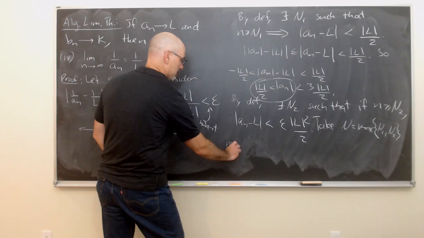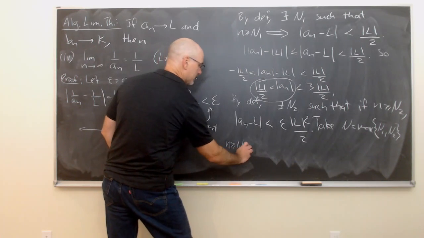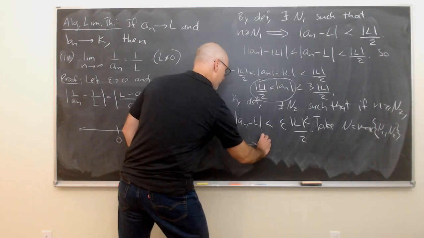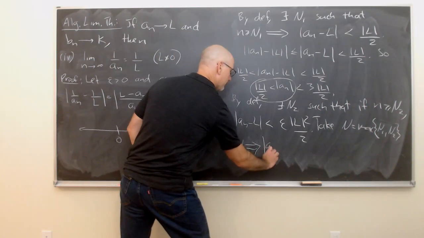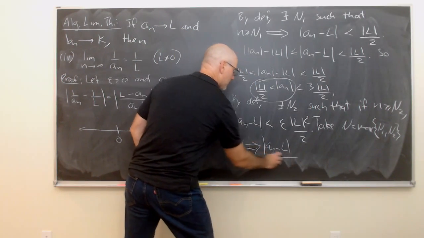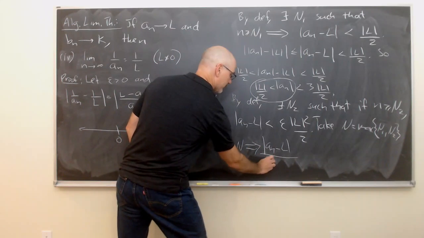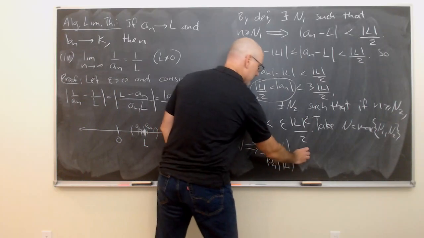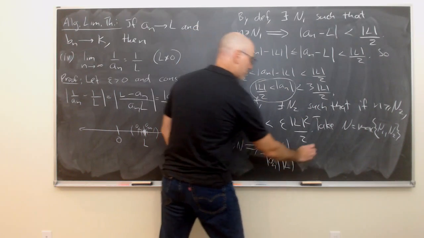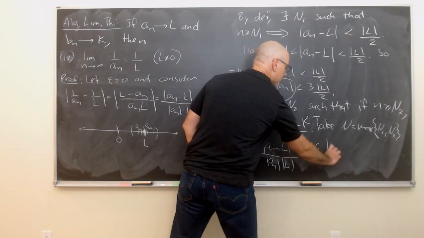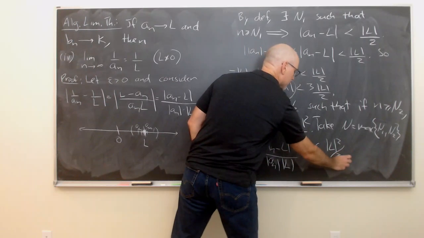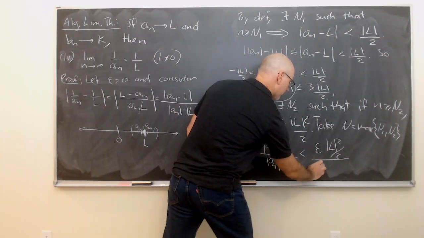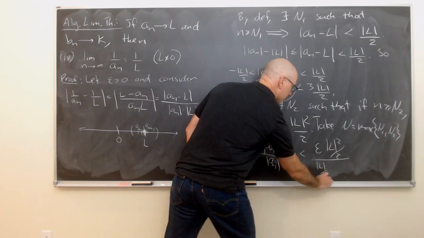Then n larger than capital N implies that the thing I had left off with, the absolute value of (L minus a sub n) over (a sub n L), is less than epsilon L squared over 2 all over absolute value of L over 2.